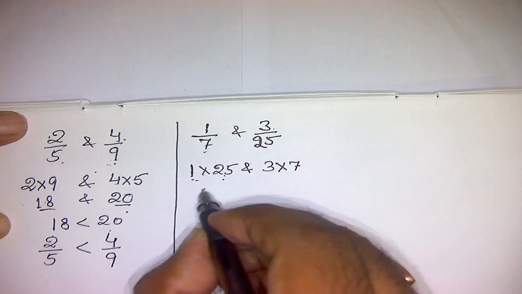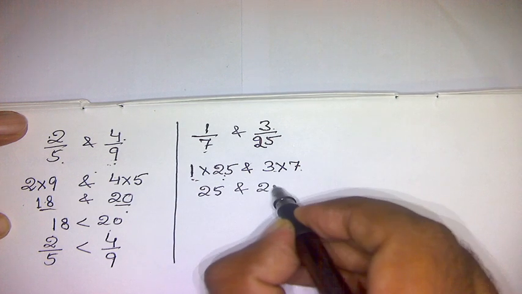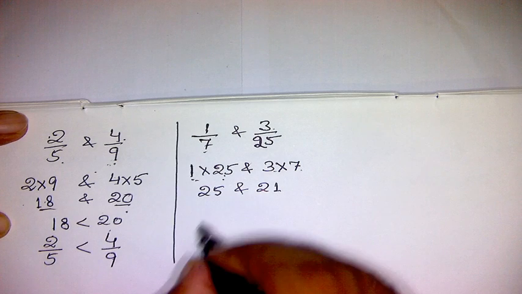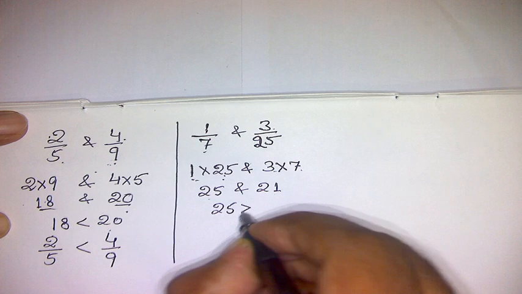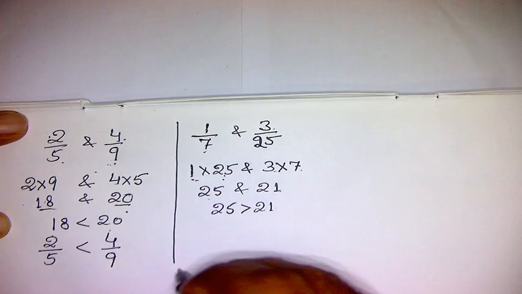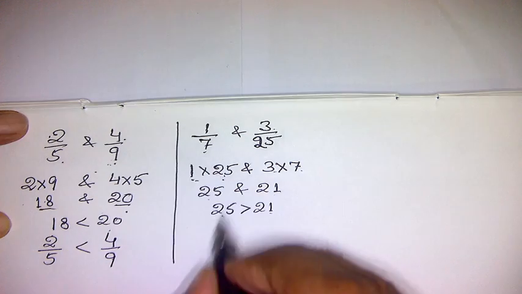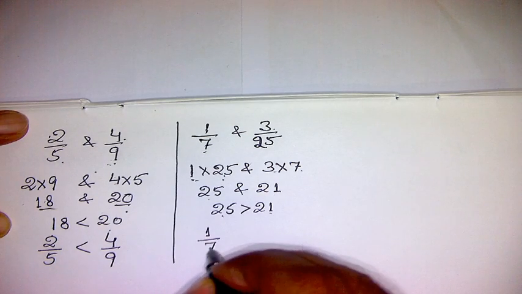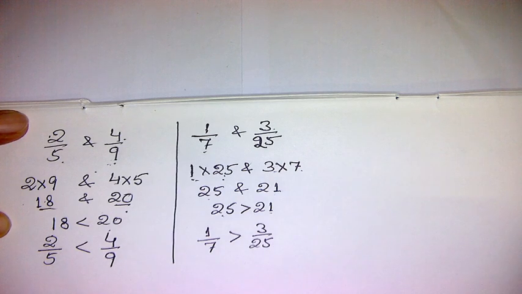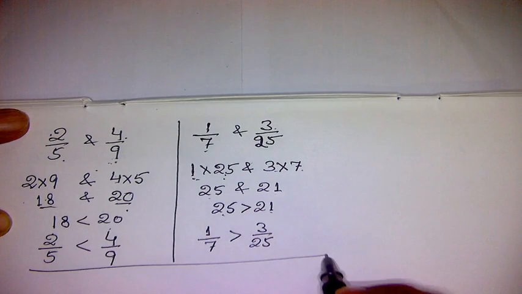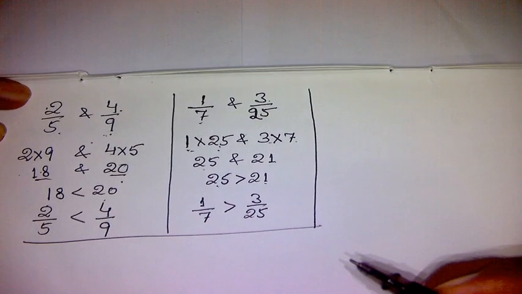So 1 multiplied by 25 is 25 and 3 multiplied by 7 is 21. So here 25 and 21, which is greater? 25 is greater than 21. Because 25 is greater than 21, 1 upon 7 is greater than 3 upon 25. So in this way we can compare two fractions if they are given.